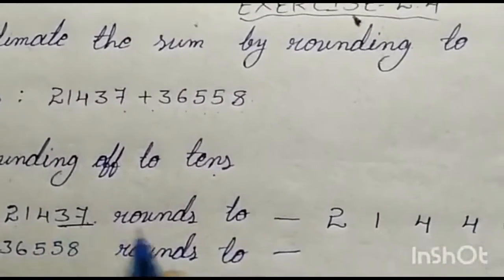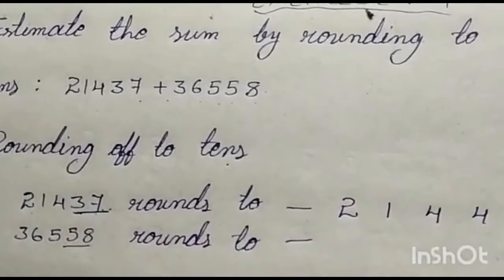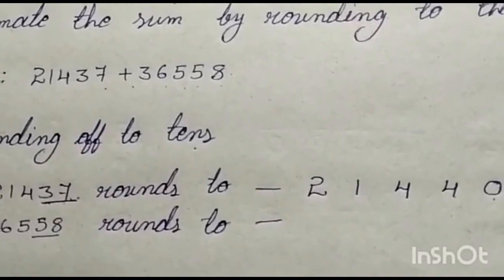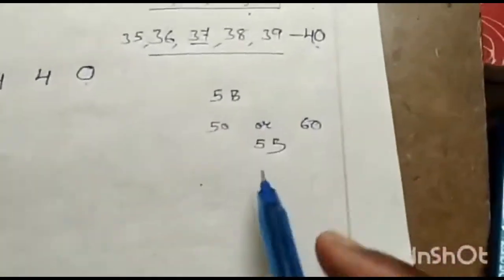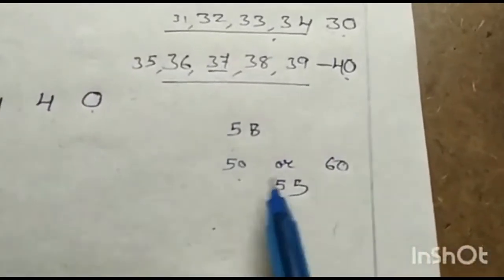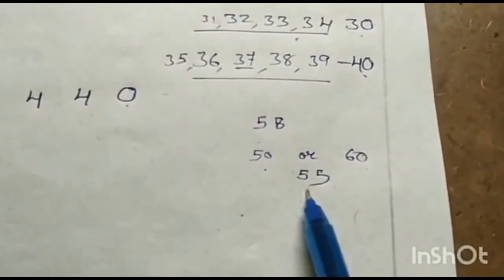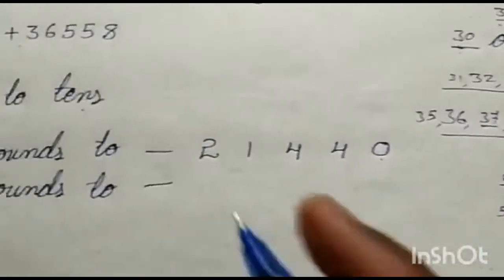Here 37 is nearest to 40 and here 58 is nearest to 50 or 60? The middle is 55. 58 is above 55. That means it is nearest to 60.